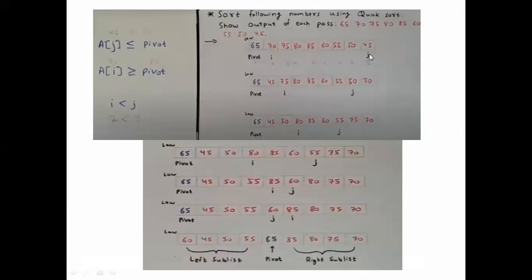Then 45 is less than pivot. Condition true, decrement j by 1 here, and 50 is less than pivot, decrement j by 1, 55 is less than pivot, decrement j by 1, and 60 is less than pivot, decrement j by 1.